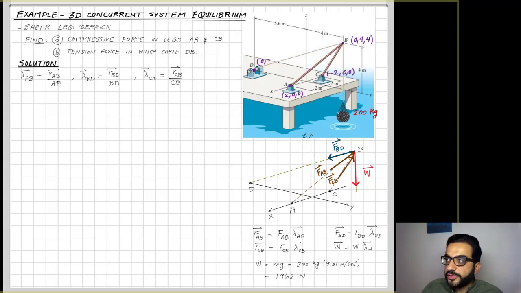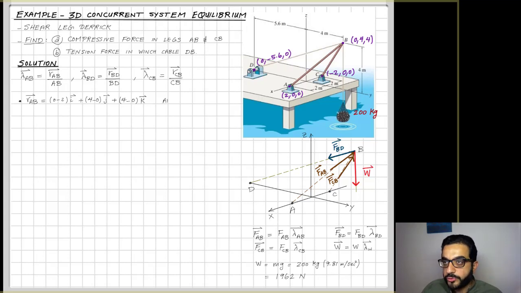To help us with the calculations here, I advise writing the coordinates, because the position vector between 2 points is the position vector of the ending point minus the starting point. So for example here, position vector AB is equal to position vector of B minus position vector of A, or in other words, the coordinates of B minus A. The coordinates of B are 0, 4, 4, and the coordinates of A are 2, 0, 0, so it will be equal to 0 minus 2, 4 minus 0, 4 minus 0, in XYZ directions, or IJK.